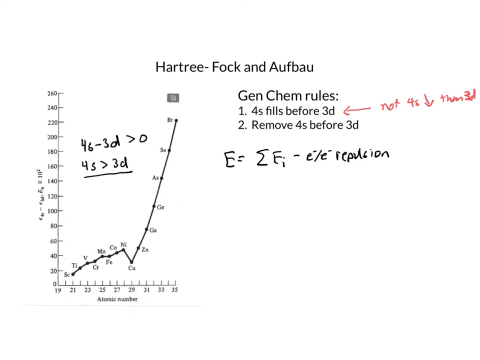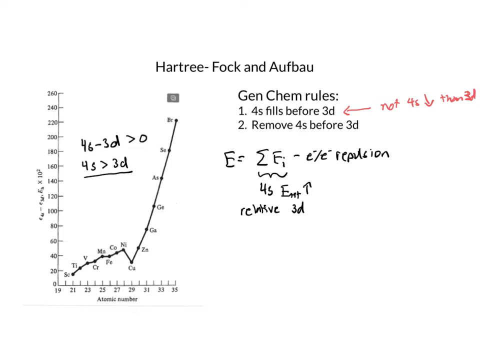And remember that it's the minimum energy that is closest to the true energy. So adding in 4s would make this total energy go up relative to the 3d. And so you would think we'd want to put the 3d in there.